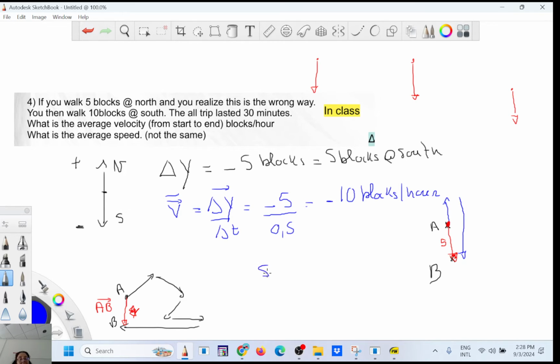Now, the average speed, what's the total distance covered? 15 blocks. So 15 blocks, you're right. And the time elapsed is 0.5 hours. So that will make sense in real life, right? So that will be 15 blocks per hour.